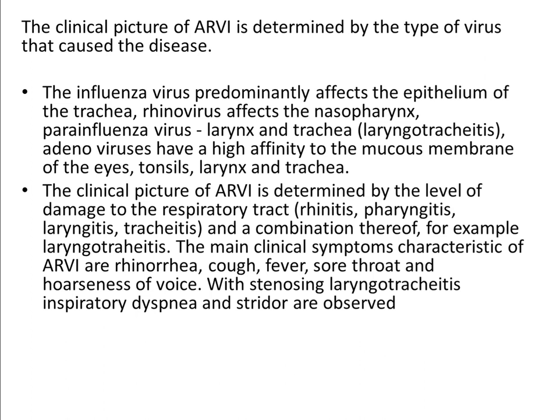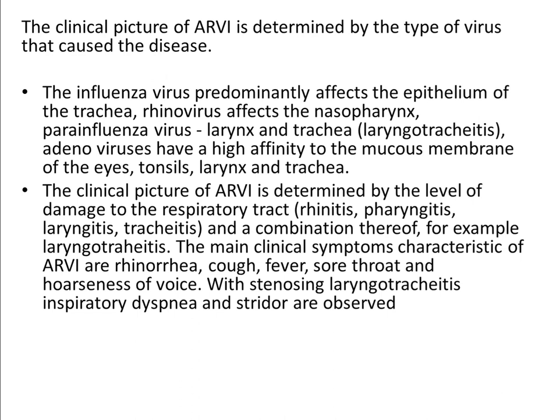The clinical picture of IRV is determined by the type of virus that caused the disease. The influenza virus predominantly affects the epithelium of the trachea. Rhinovirus affects the nasopharynx. Parainfluenza virus affects the larynx and trachea, and so it leads to laryngotracheitis. Adenovirus has a high affinity to the mucous membrane of the eyes, tonsils, and trachea.